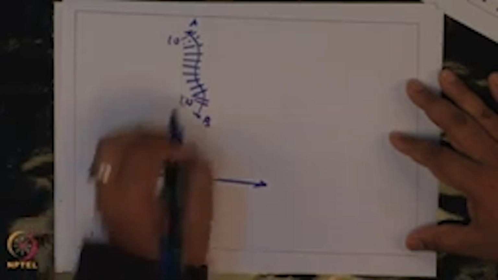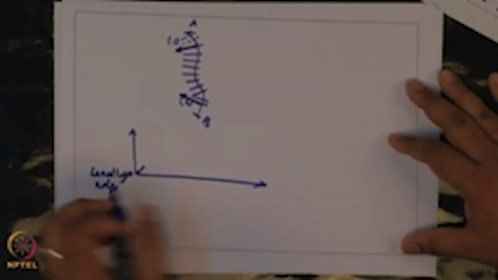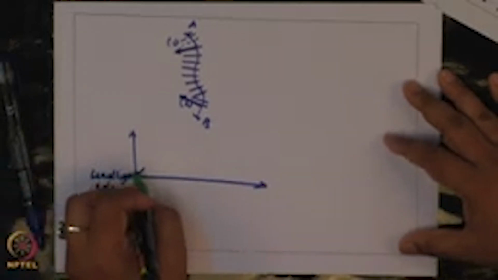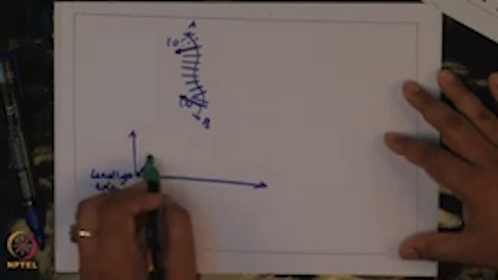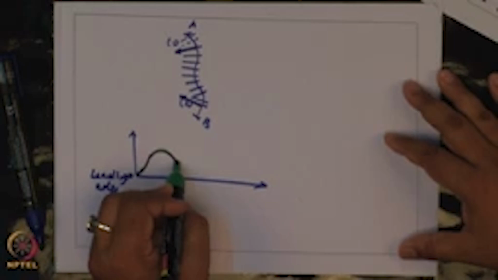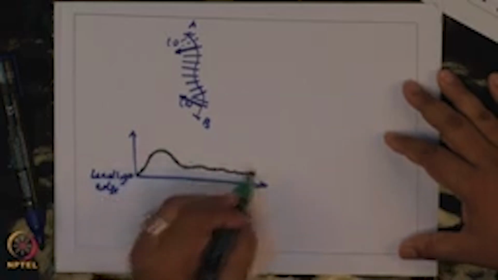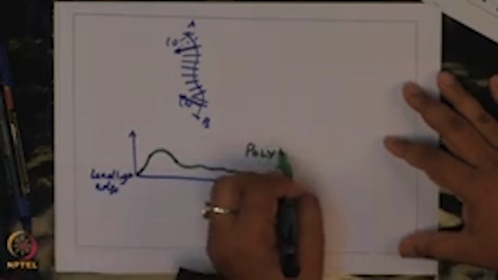I am going from this point inwards, tracking inwards. What they found was the polymerization peak. If this is the polymerization rate along this line.